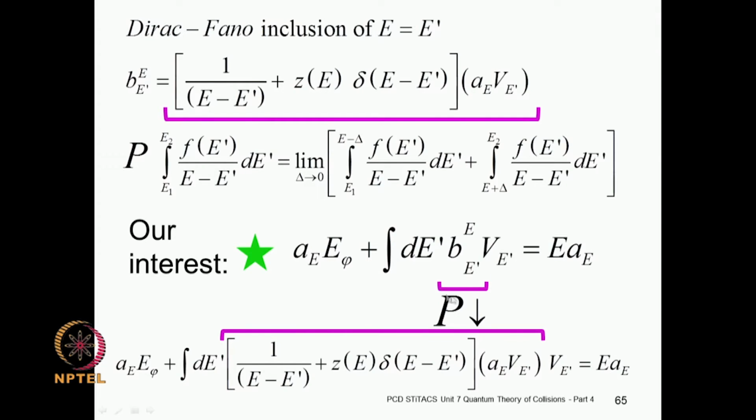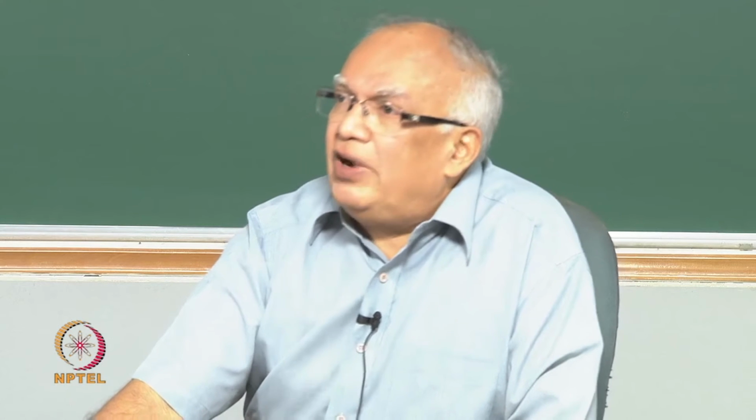So, this integral, this BE is to be replaced by this factor here coming from the principal value integration trick of Dirac-Fano, and we will work with this relation instead of this. Okay? So, here we are. Now this is the relation that we have agreed to work with. In this we have already employed the Dirac-Fano trick.